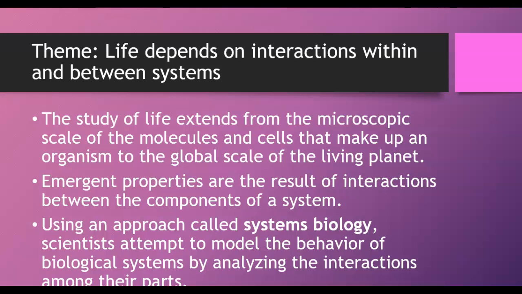Emergent properties are properties that exist as a result of the interaction of the parts of a whole. And so scientists use something called systems biology to model how those biological systems behave by studying the interactions among their parts and then seeing how that produces some kind of a property that emerges from the interaction of those parts.